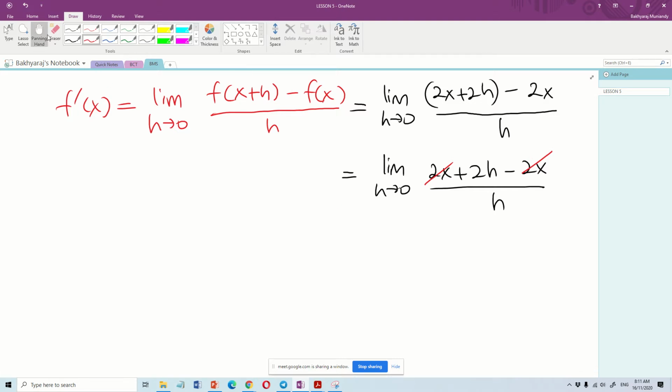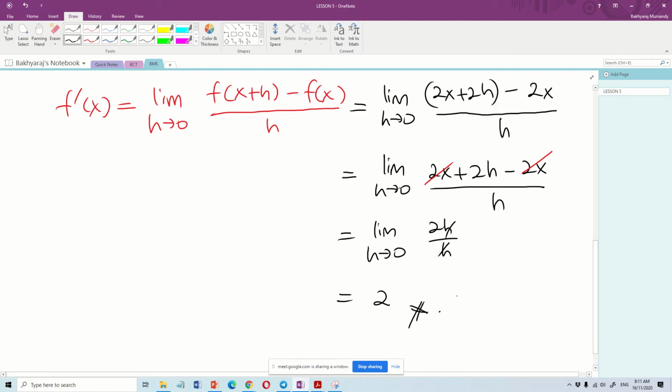Okay, will give you answer of limit h approaches 0 dan 2h over h also boleh potong dia lah. So will give you answer of 2. So kita dapat 2. Okay, so this is what we get for limit when we have f x of 2x.